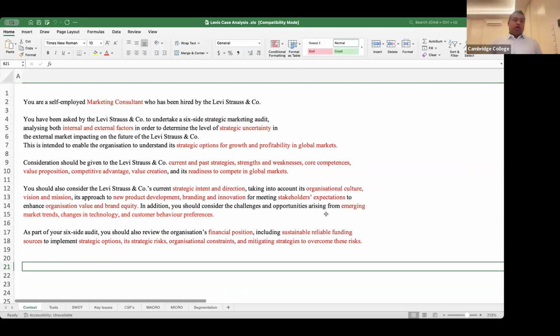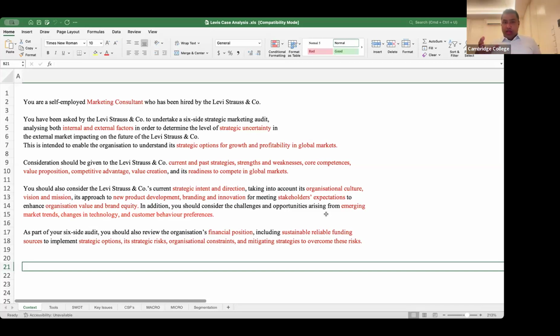In the Levi's case study, you were a self-employed marketing consultant to Levi, the headquarters. It's a 100-year-old company, a legacy brand. In terms of theory from the syllabus, you would find in red some of the highlighted areas are the focus for the questions in task 1, 2 and 3.